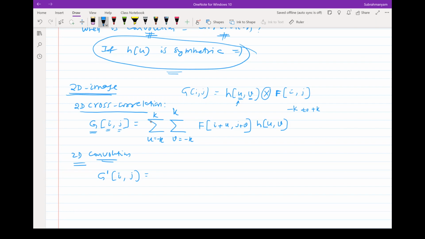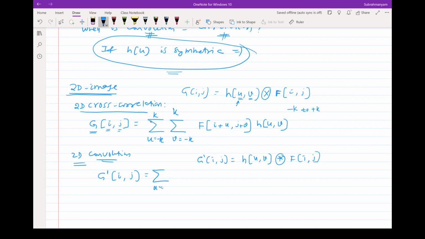G dash of i j is the convolution of h of u comma v with F. It doesn't really matter, convolution is commutative, so I could write it any way. Now you tell me the expression. Is it just replacing i plus u and j plus v by i minus u and j minus v in the above expression? Very good.